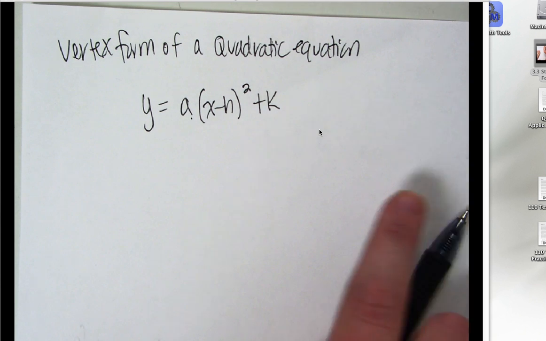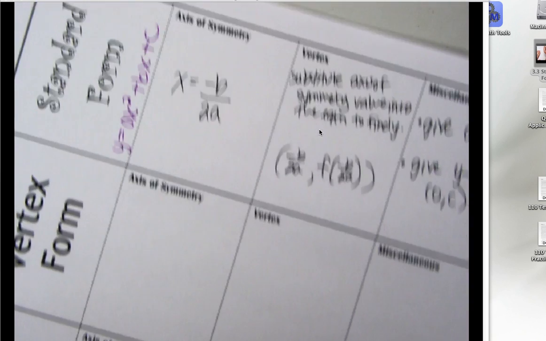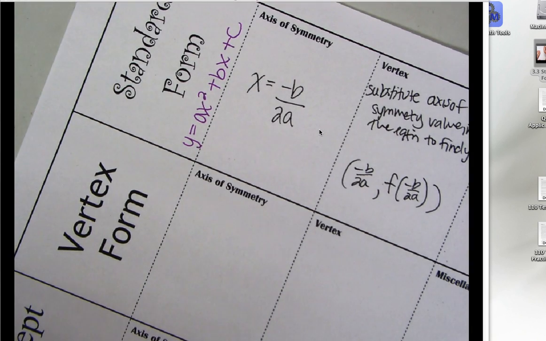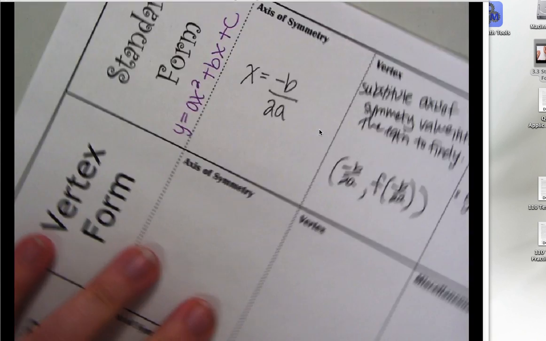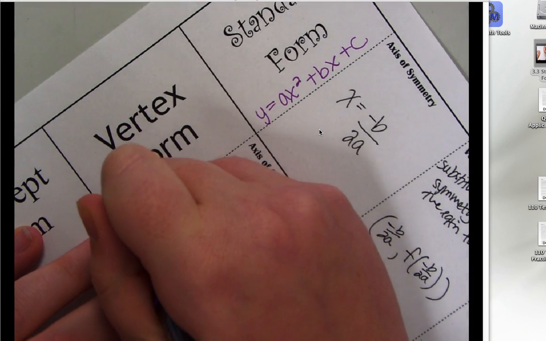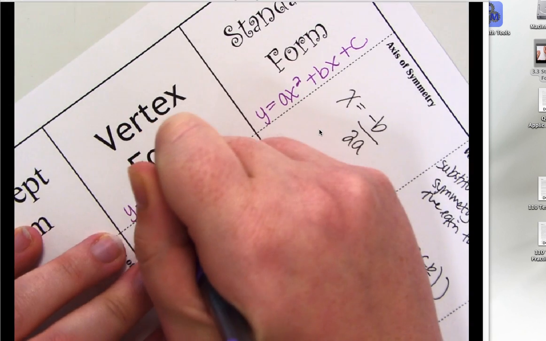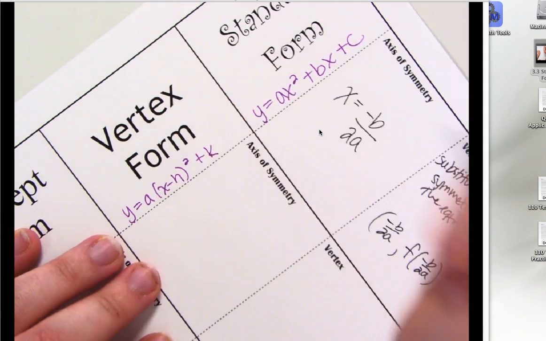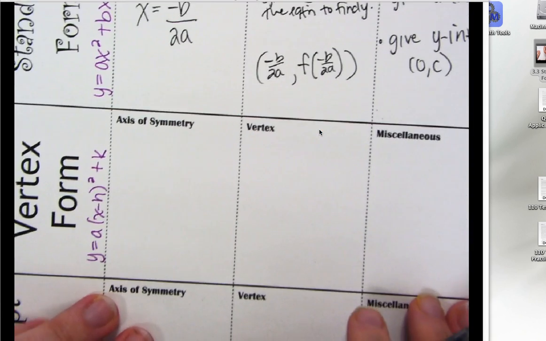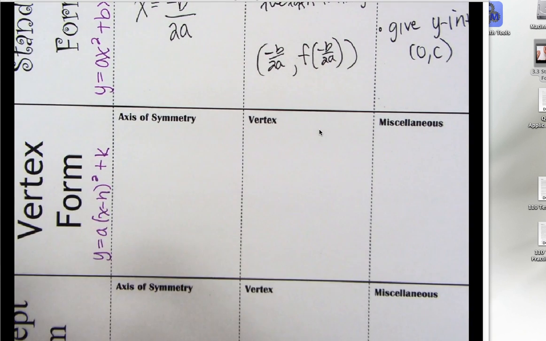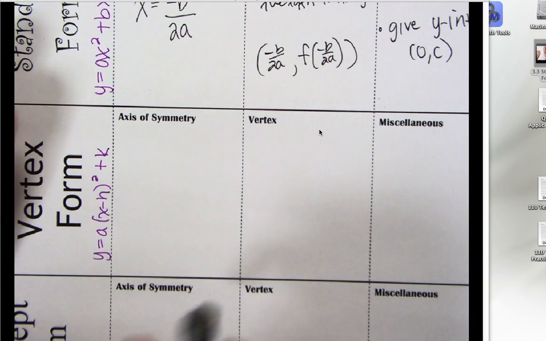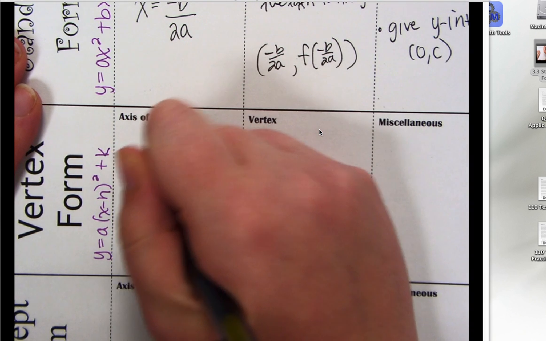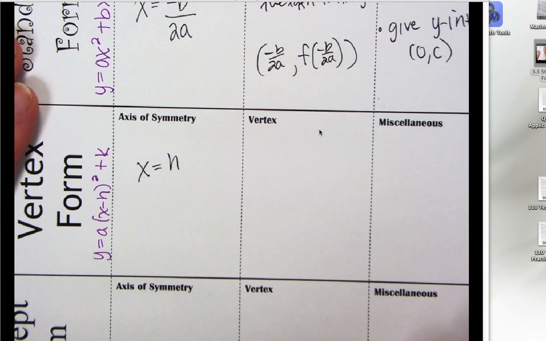Okay. Let's take some notes on vertex form. So vertex form looks like y equals a times the quantity x minus h squared plus k. And as we saw in Desmos, the axis of symmetry is just x equals h.